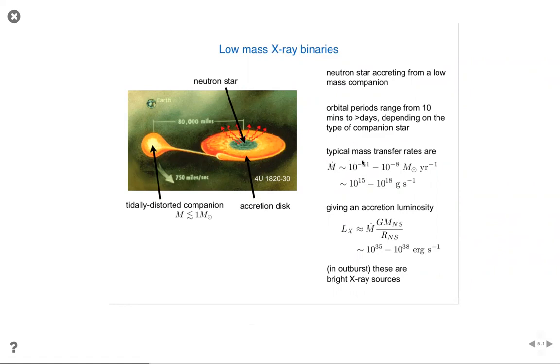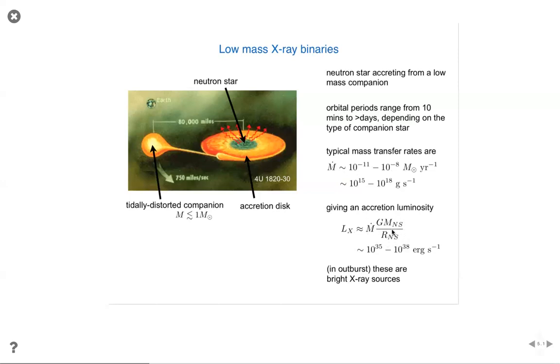As already mentioned, typical mass transfer rates, or mass accretion rates, are between Ṁ of 10 to the minus 11 and 10 to the minus 8 solar masses per year, and these are the corresponding values in grams per second. These mass accretion rates give an accretion luminosity of Ṁ multiplied by the gravitational constant G, the mass of the neutron star, divided by the radius of the neutron star.